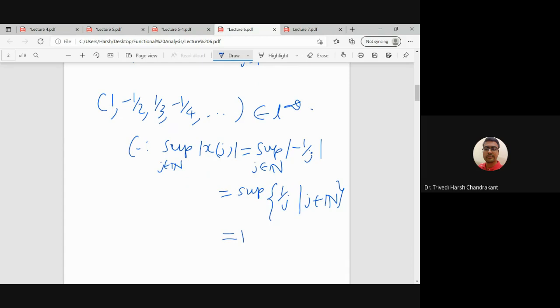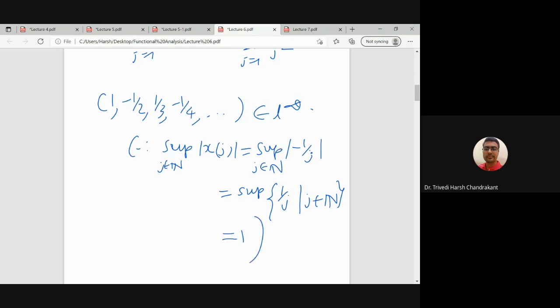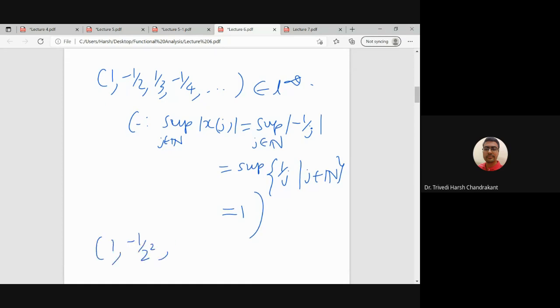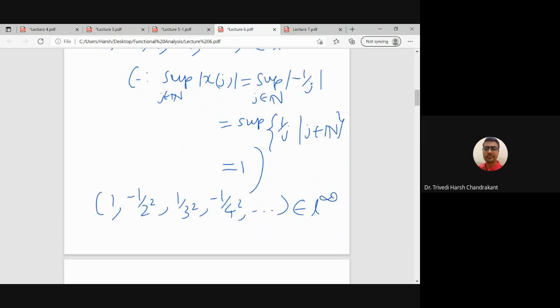Actually, the maximum is 1, which is an element of this set. So it is actually the maximum. Supremum is maximum in this example. In the same way, if we take the other series also, this is also in L infinity. So here also the supremum is 1.